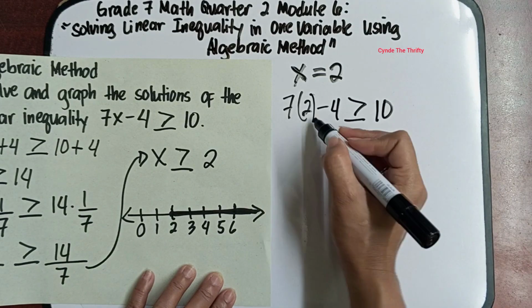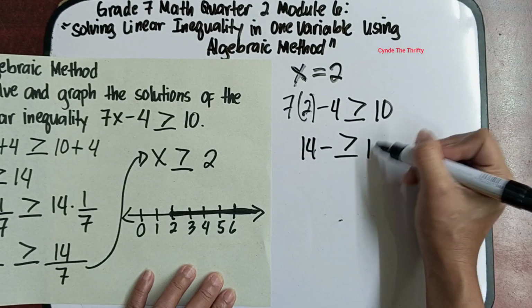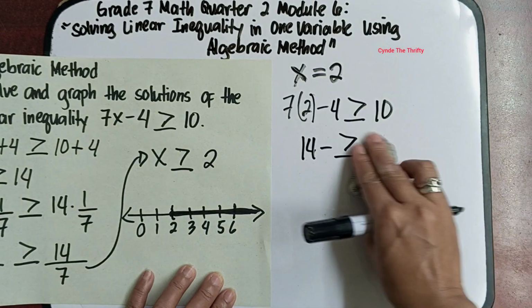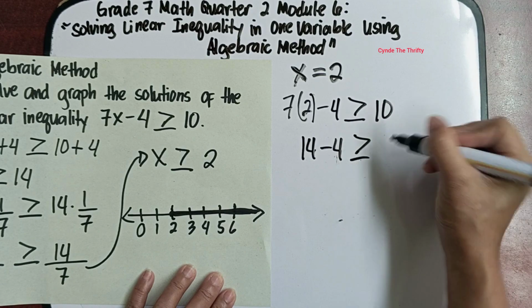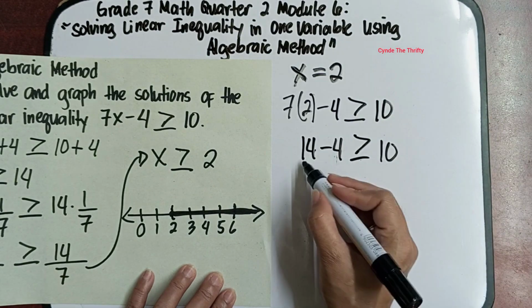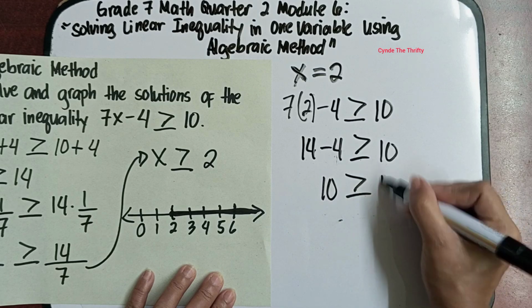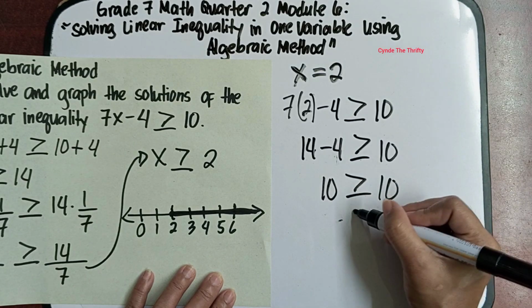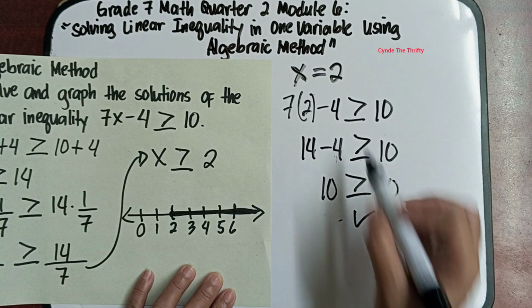So, 7 times 2 is equal to 14 minus 4 is greater than or equal to 10. Oops! Nawala si 4. So, 14 minus 4 is equal to 10 is greater than or equal to 10. So, tama siya kasi 10 is equal to 10. Okay, so tama ang ating solution na 2.